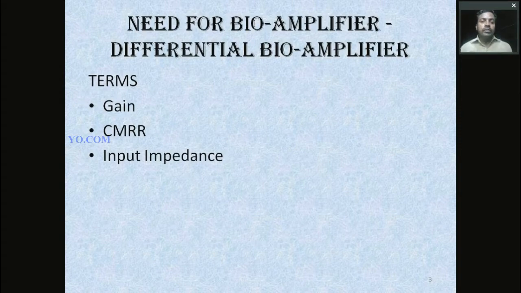So the input impedance of the biological amplifier should be very high. Then only that amplifier is called a good biological amplifier. Similarly, the output impedance is very low. So in order to match the impedance, we use an impedance matching circuit in the biological amplifier.